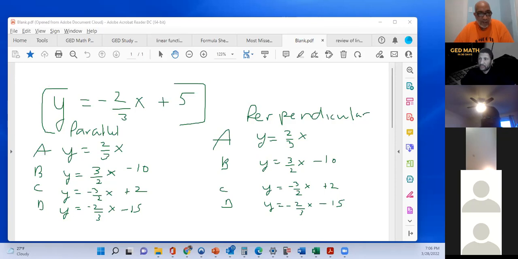Just the letter, A, B, C, or D. I'm going to set it for 1 minute. You should be able to look at that and get it right. What line is parallel to y equal -2/3 x plus 5?